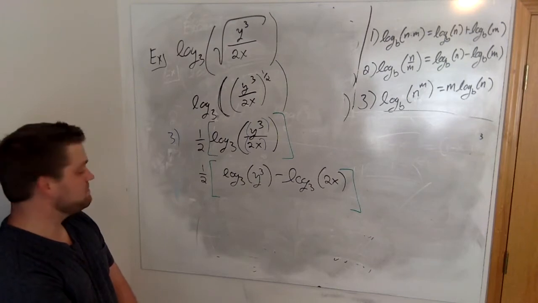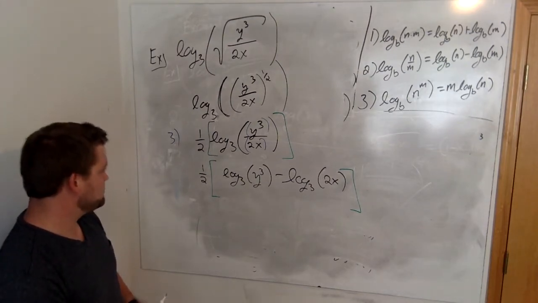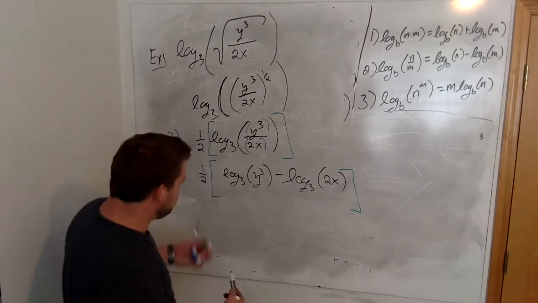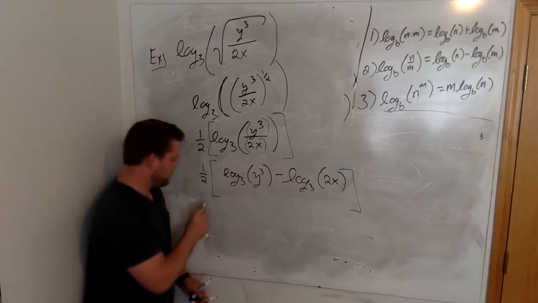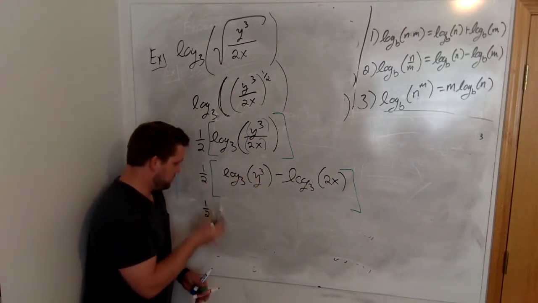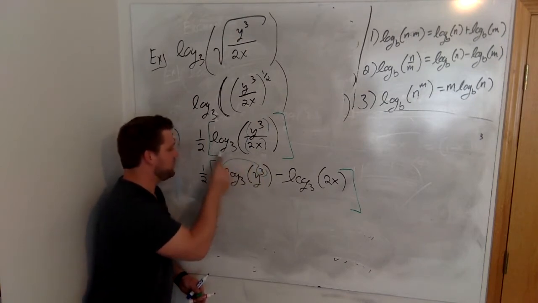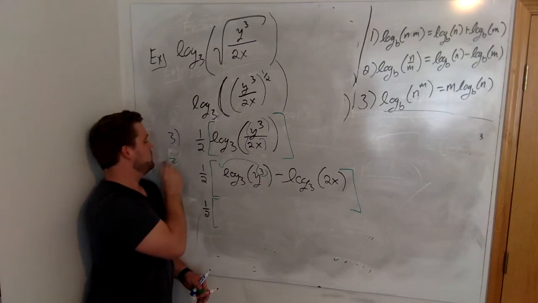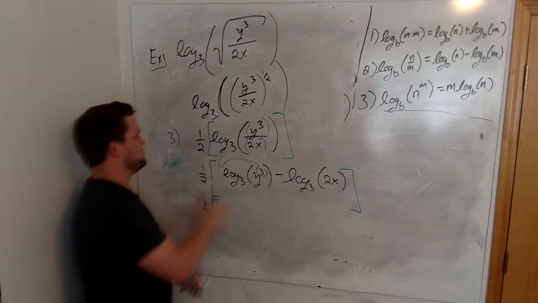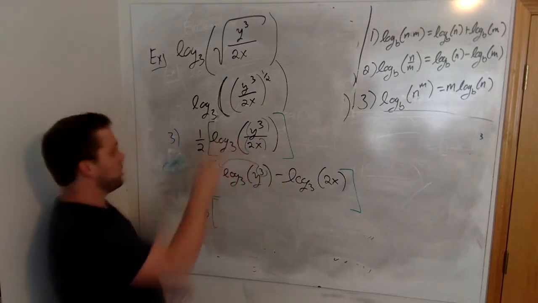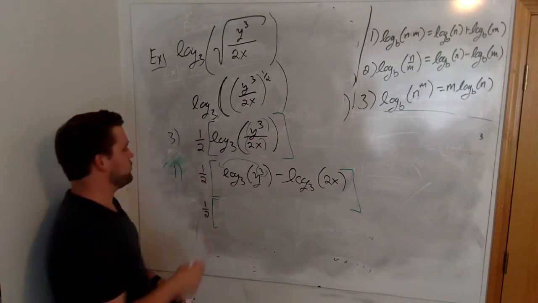Okay, we're getting somewhere. I think we can go even further with this and see what we can do. Well, we could use log rule 3 to bring this 3 up front. So we could write this as a 1/2. Okay, let's bring this 3 out front. So here we're using log rule 3. Okay, so what do we do from here to here? From here to here, we use log rule 1, the first log rule, and we were careful with parentheses.